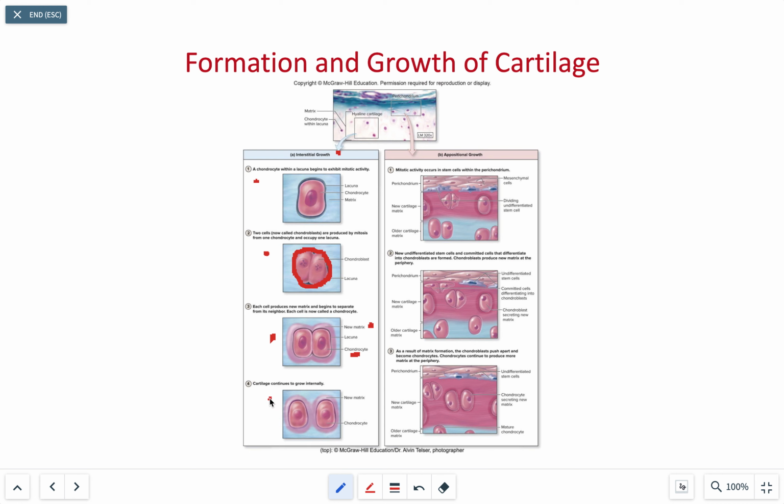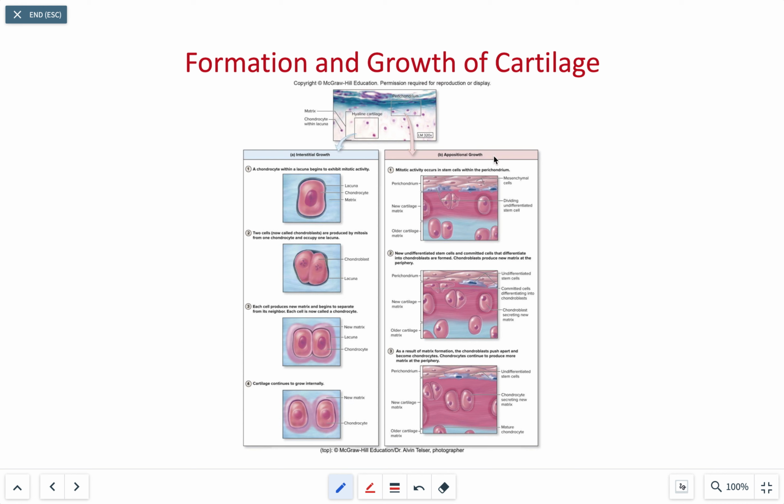In step 4, the cartilage continues to grow internally. We see each individual chondrocyte developing its own new matrix, and then we will see these chondrocytes possibly returning to step number 1, beginning the division all over again to produce more chondrocytes.